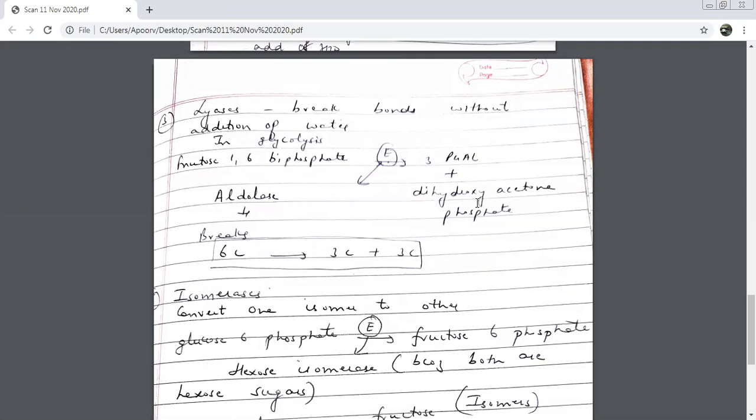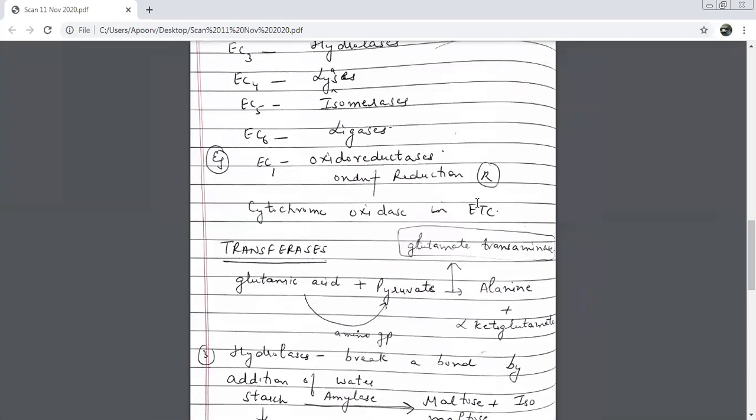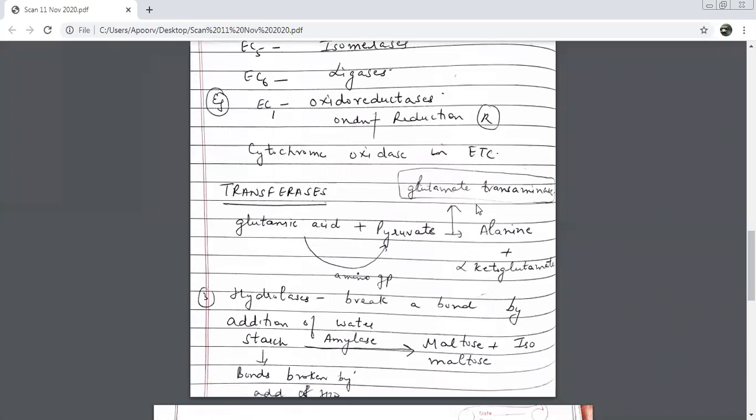Ma'am, could you please scroll up to oxidoreductase once again? Yes. See, I'll just show you the first two, oxidoreductase, cytochrome oxidase. If you remember a bit, open your electron transport chain today. You'll immediately recall.